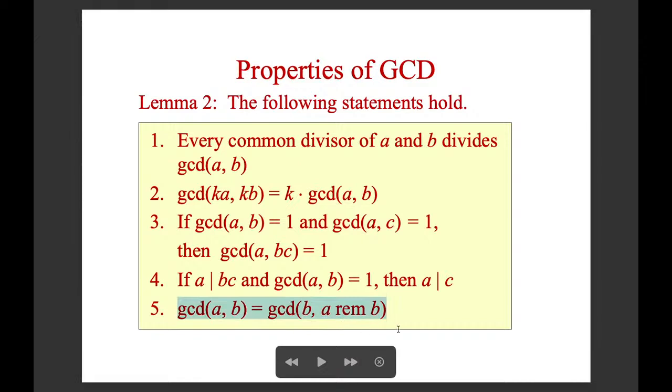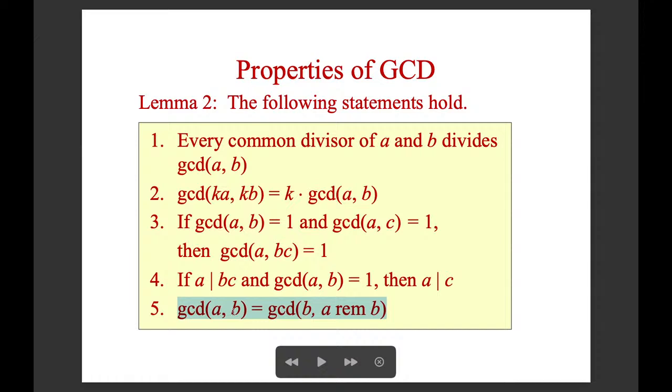And this part is exactly the reason why the Euclidean algorithm to find the greatest common divisor of a and b works correctly. We start with finding the greatest common divisor of a and b, where a is the larger number and b is the smaller number.